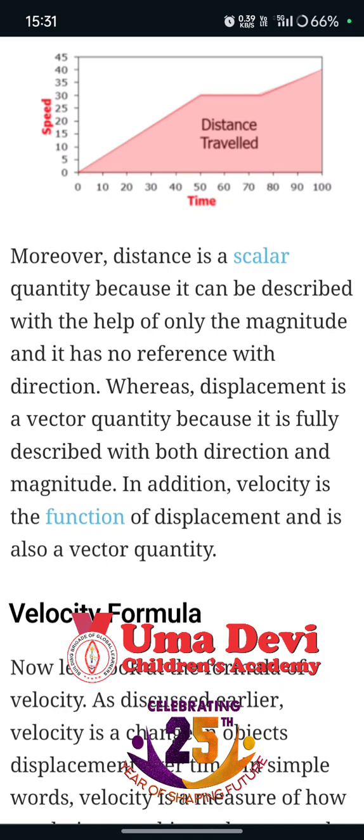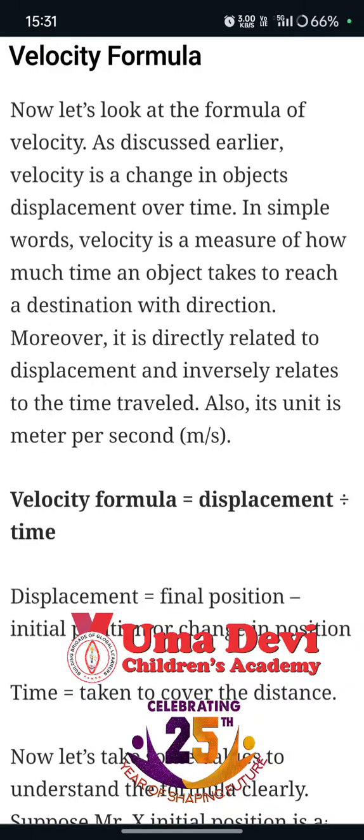Now come to another thing, which is the velocity formula. The velocity formula is displacement upon time. Compare it with speed. The speed formula was distance upon time, but the velocity formula is displacement upon time. So what will be the SI unit? The SI unit will also be meter per second. Why?